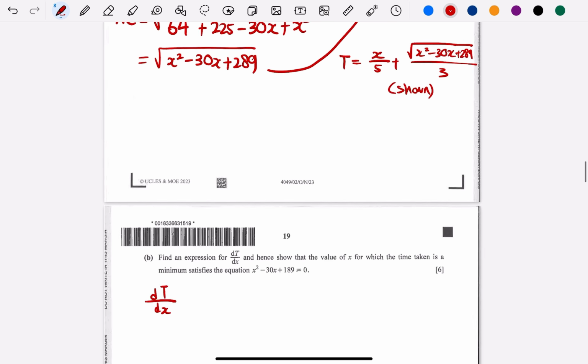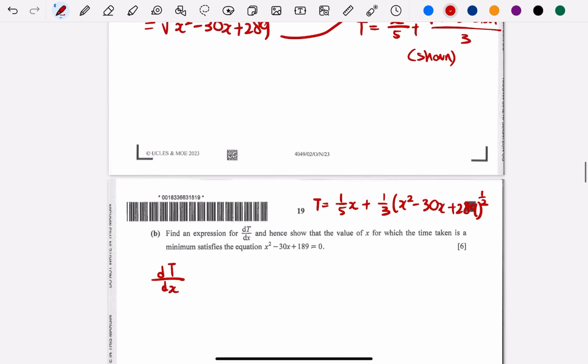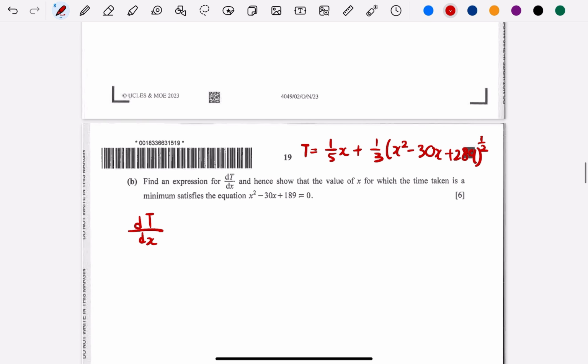So from above, we have our time to actually just be 1 over 5 x plus 1 over 3, this whole square root thing. This square root thing, I'm going to convert into the power of half. Then I'm just going to differentiate with respect to x because it's easier that way. So we differentiate this.